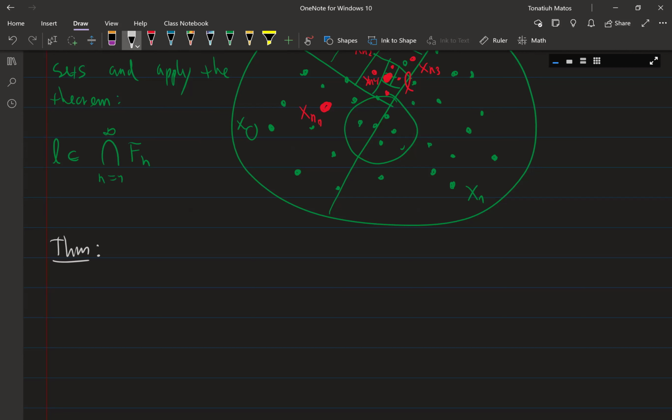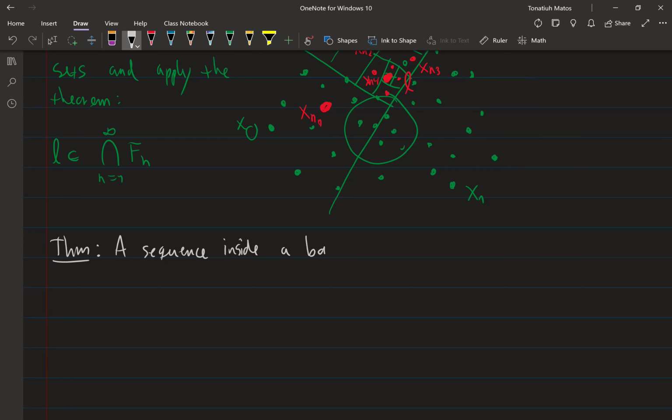What about compact sets? A sequence inside a compact set. Well, compact means that in particular it is bounded. So this sequence will have a convergent subsequence.